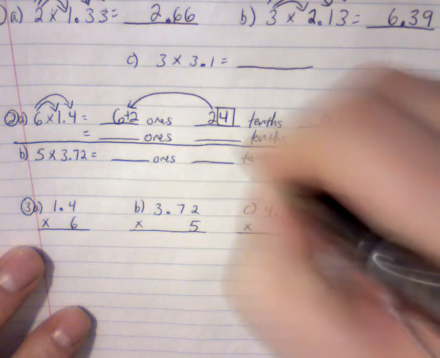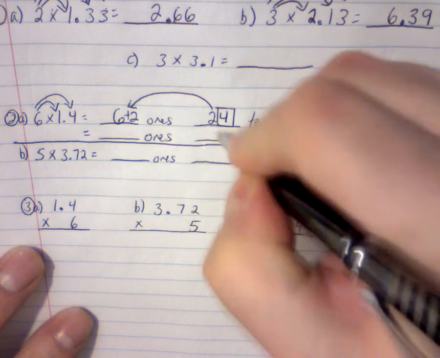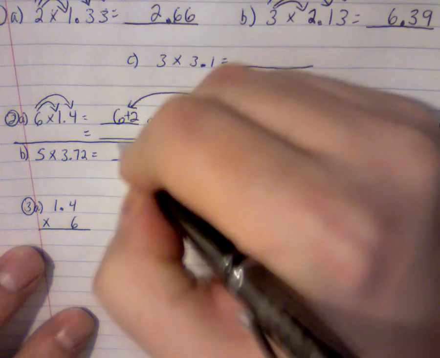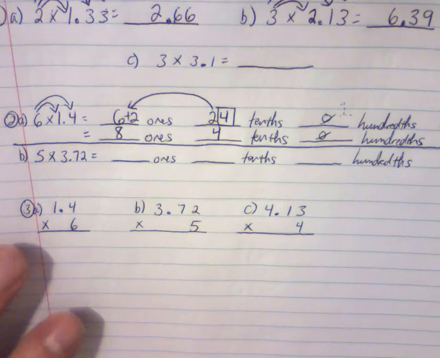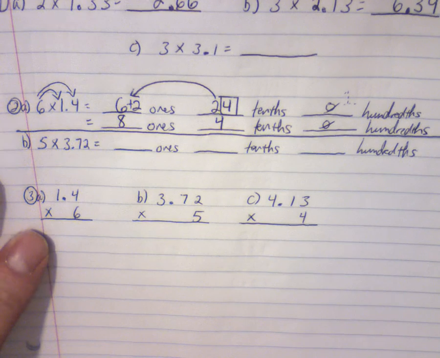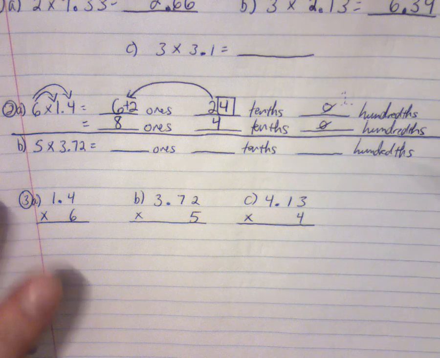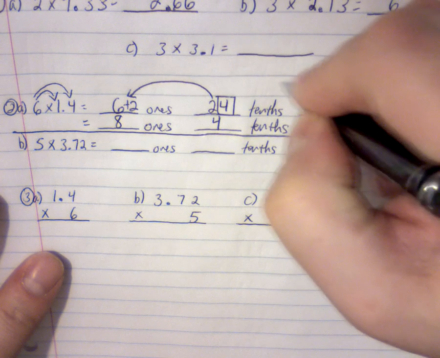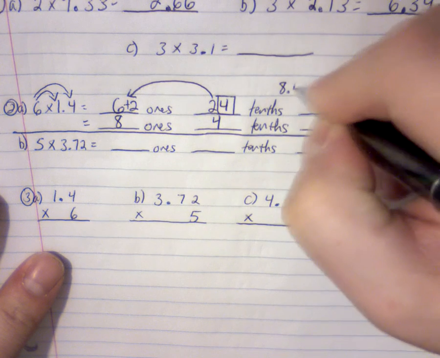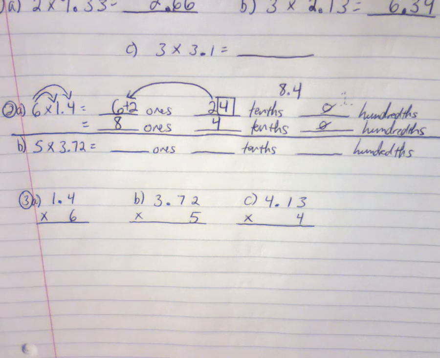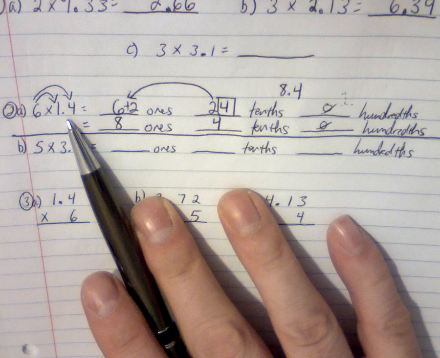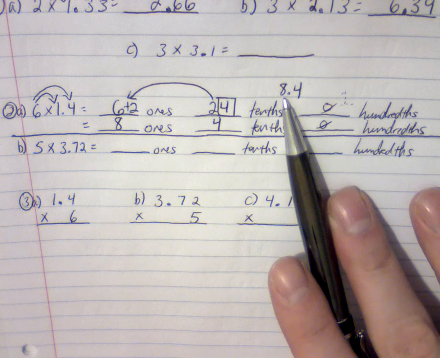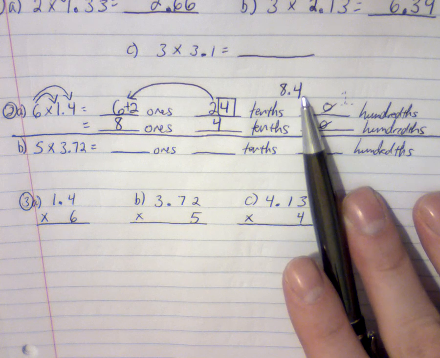So when I regroup, I still have 0 hundredths, I get 4 tenths, and I get 8 ones. That's just regrouping. So then how is that written? Well, that's written 8.4. So when I multiply 6 times 1.4, I get 8.4.